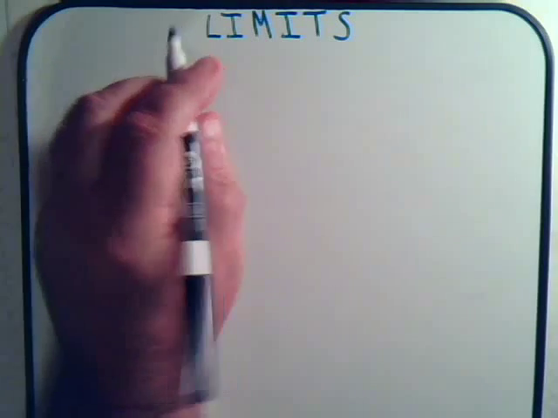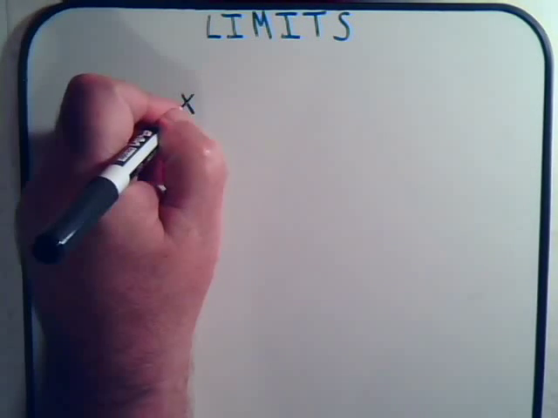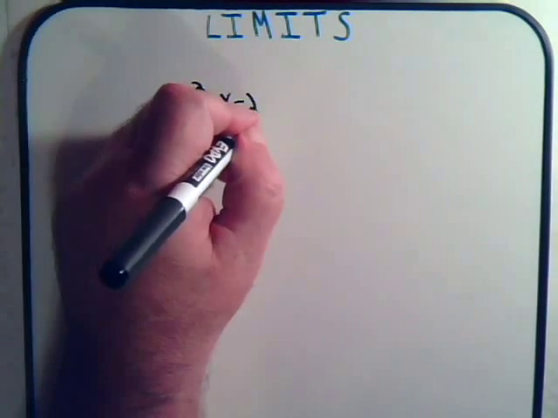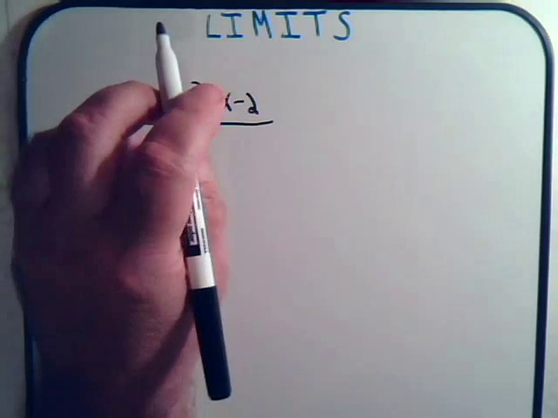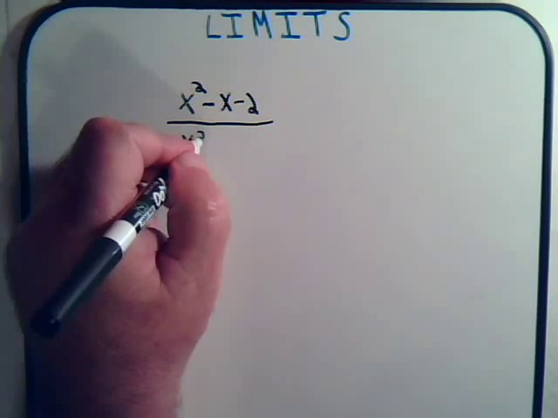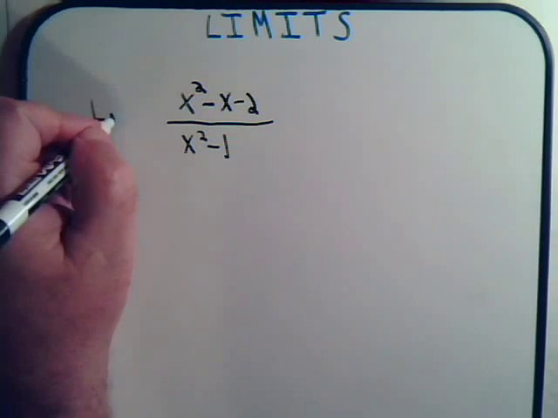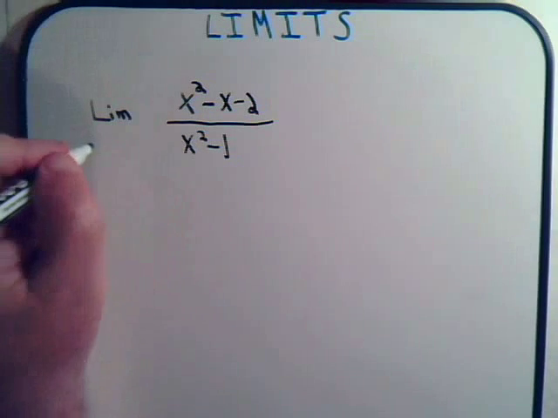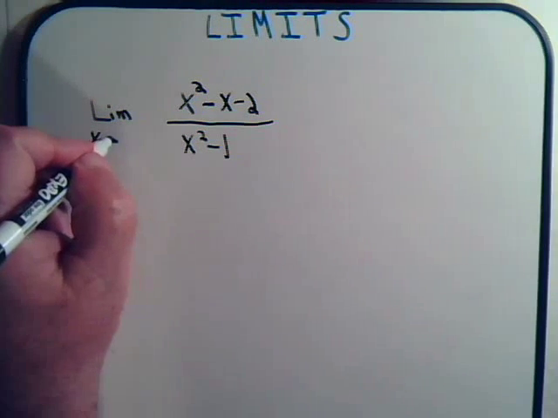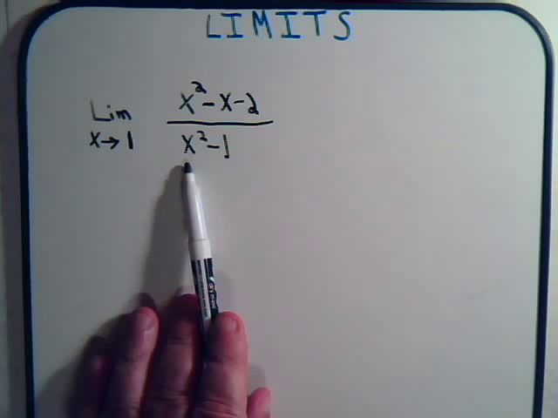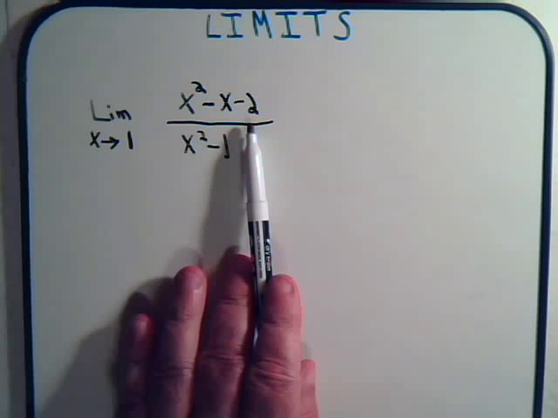Let's look at this one. Suppose we have x squared minus x minus 2 divided by x squared minus 1. And we want to take the limit of this as x approaches 1. Now that would give us 0 down here, and we would have minus 2 up here.